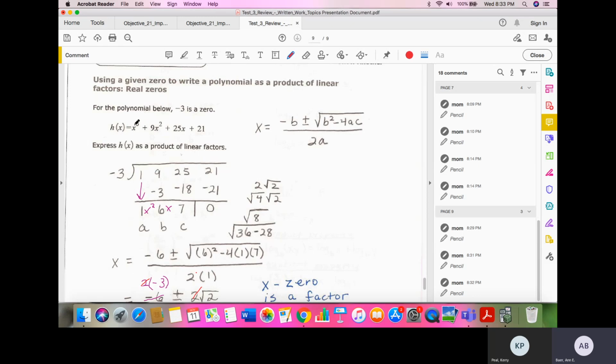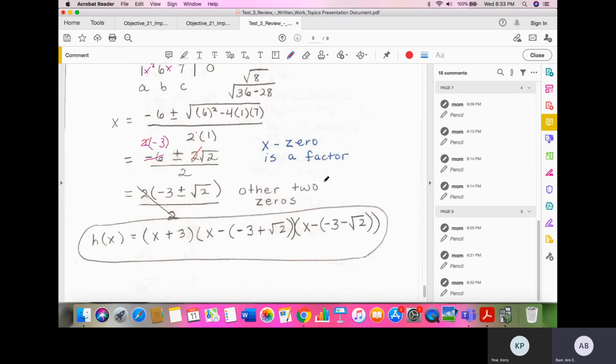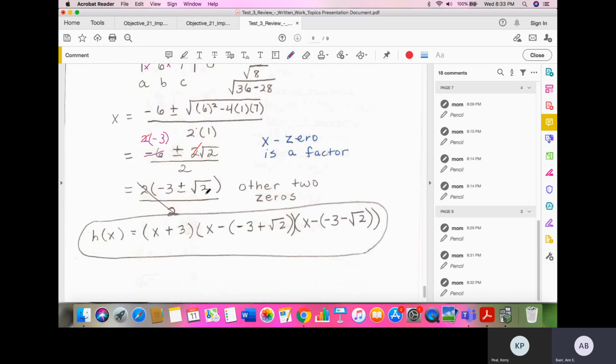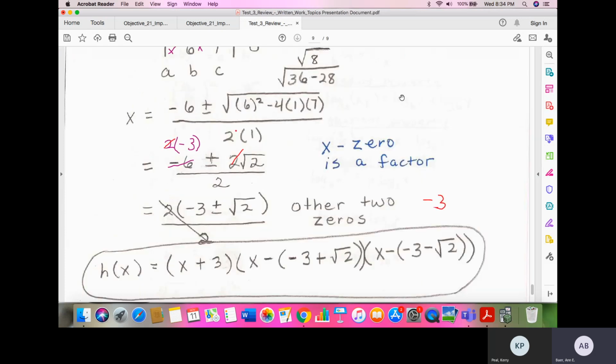So this tells us we have 3 linear factors, so we need to use all of them. And we want to write the factors. If you have a 0, x minus that 0 is a factor.